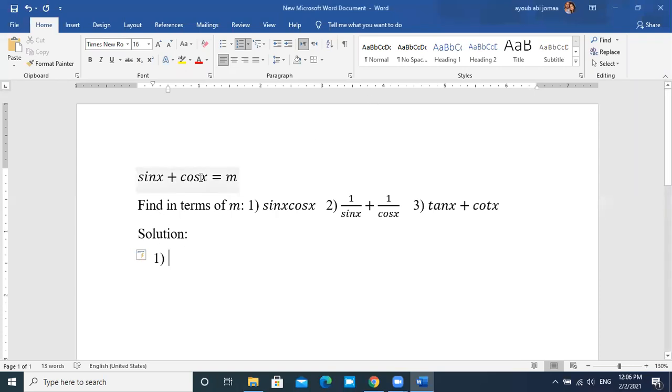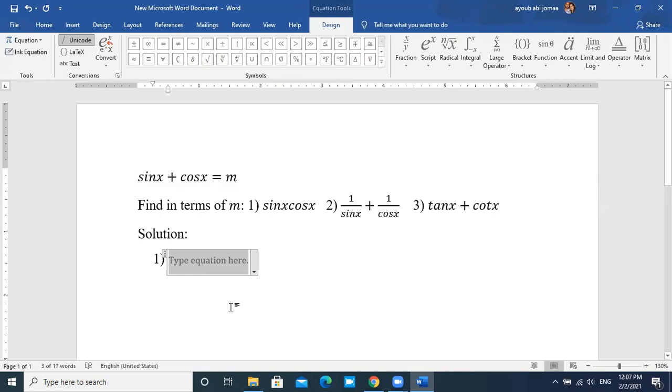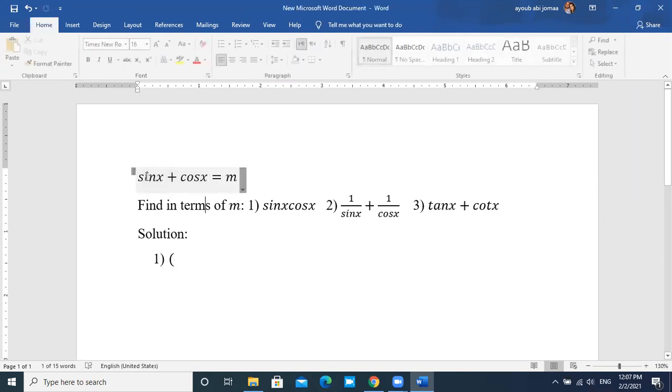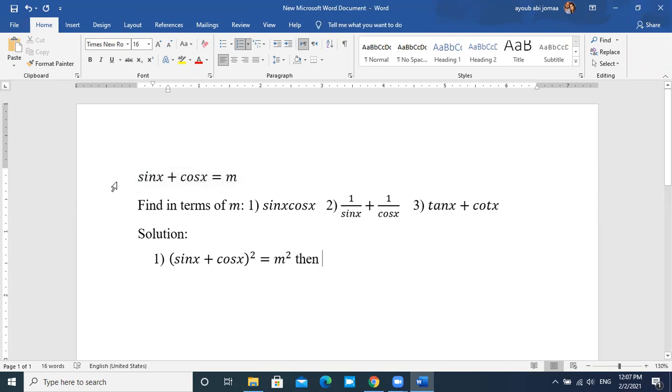Okay, so we said here we square both sides. Sin x plus cosine x, we do the identity, squared is equal to m squared. Then identity for this, what do you get?